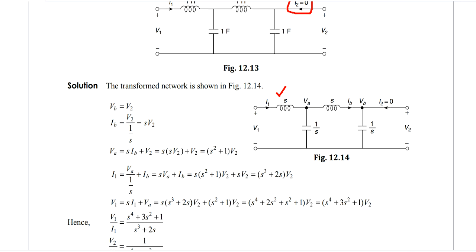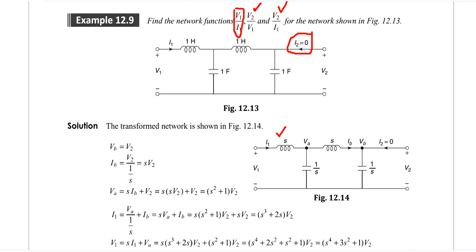Okay, so from the figure what can you say? Assuming that A and B are nodes, the A node voltage is VA and the B node voltage is VB. Since I2 is 0 anyway, and VB and V2 are equal because there is no other element in between, VB is equal to V2.